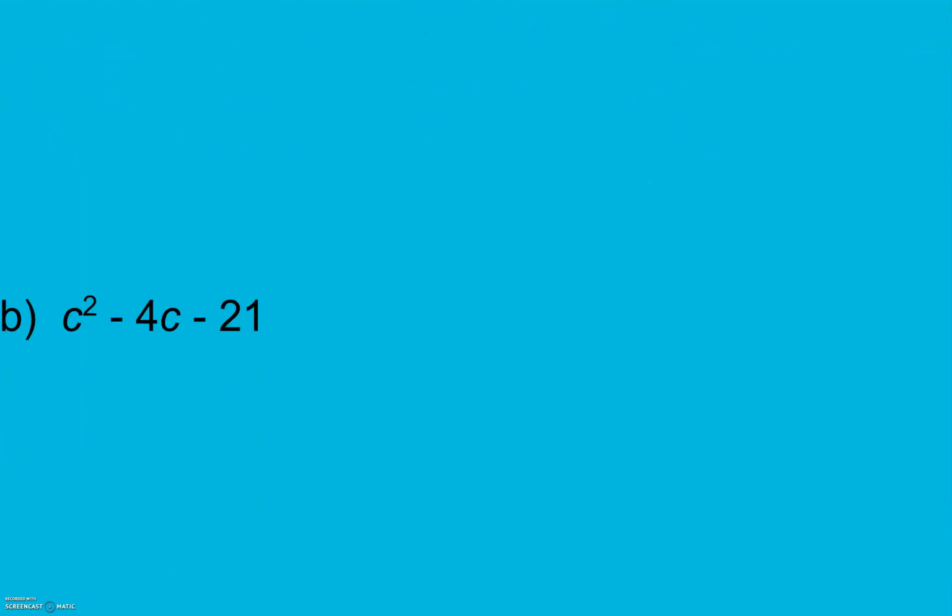On B here, same idea. I'm going to set up my framework. To multiply to c squared is c times c. I need to multiply to 21, subtract to 4. Since I'm finding the difference, my signs will be different.